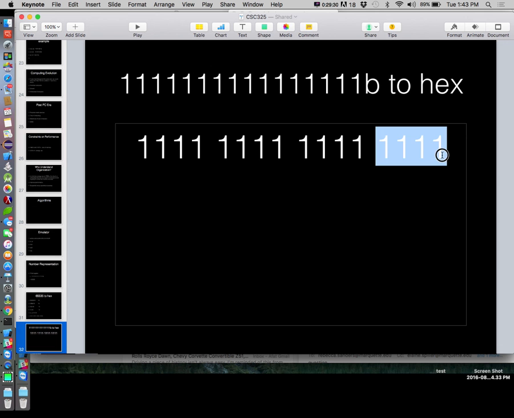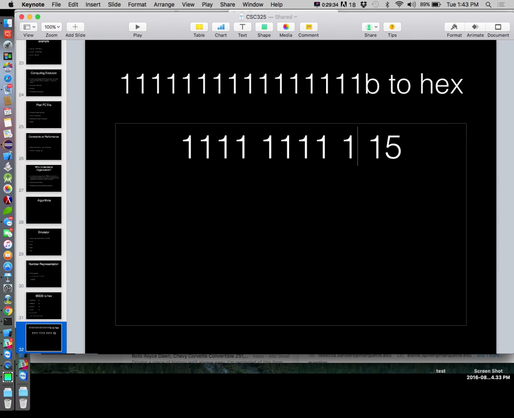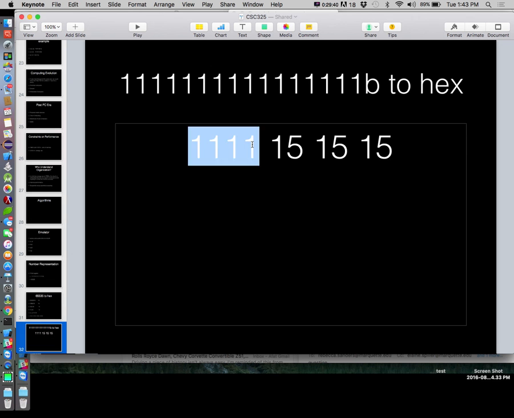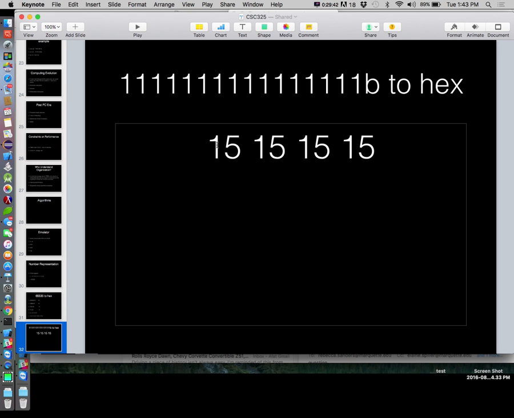So this is a 15. Each of these is a 15. 15 doesn't exist in the hexadecimal number system, so we actually represent a 15 as an F.